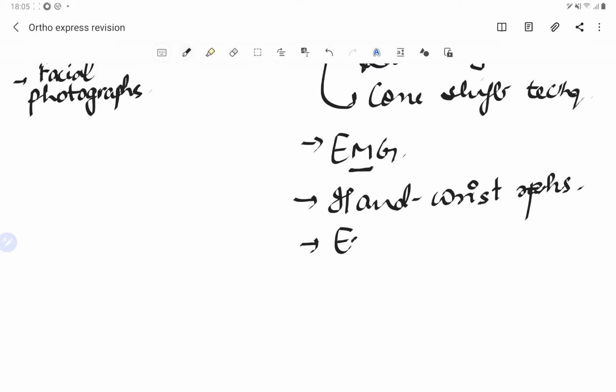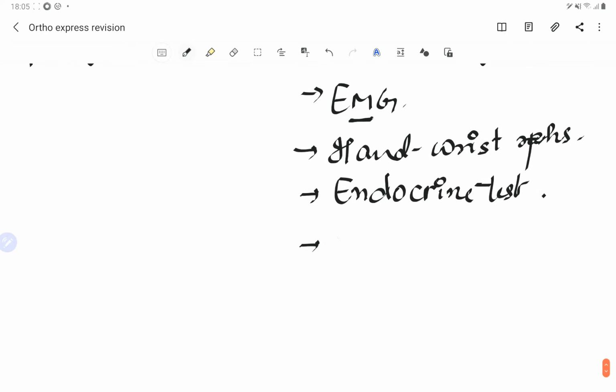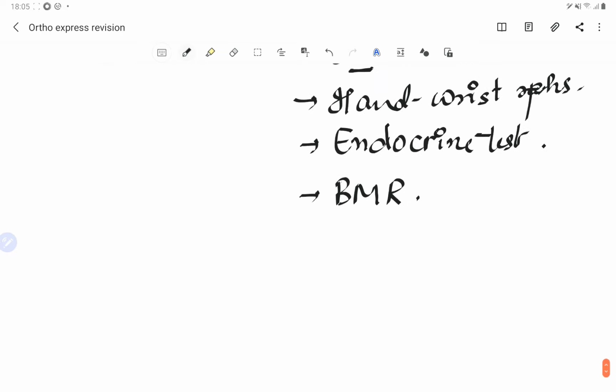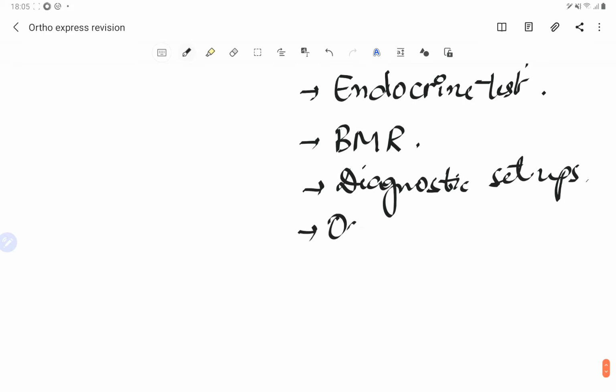Then we may require some endocrine test for the patient. Also estimation of the BMR, which is the basal metabolic rate, diagnostic setups, and occlusograms. We will be talking about all this one by one.